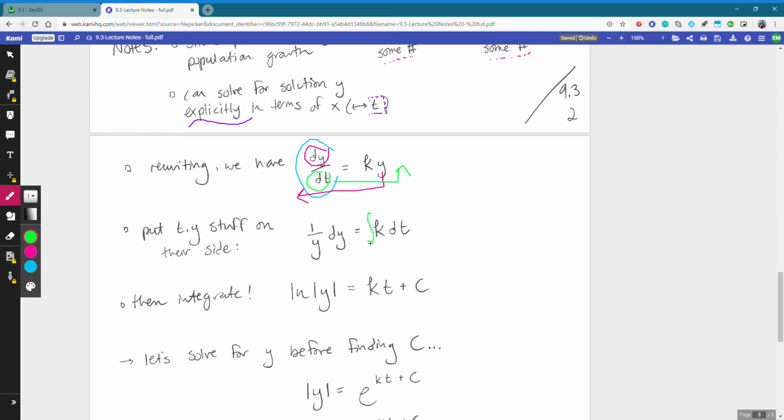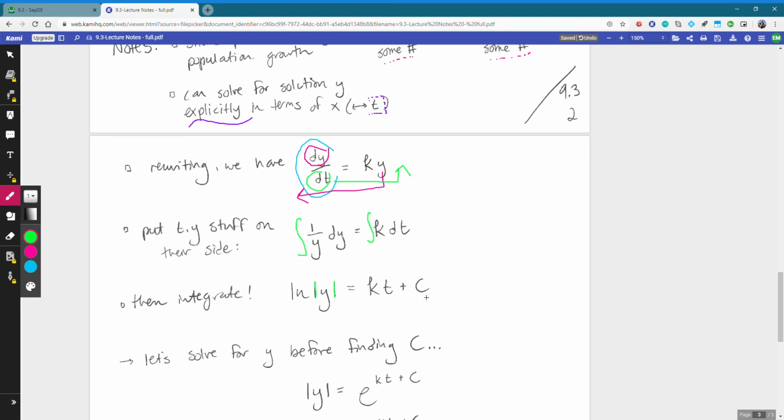Now, our task is to integrate. And on the right, just integrating a constant, so the antiderivatives are kt plus c. On the left, if we're being real careful, natural log of absolute value of y. It's our most general antiderivative. All right, collect our constants over on the right. And so here, there's choices of timing.